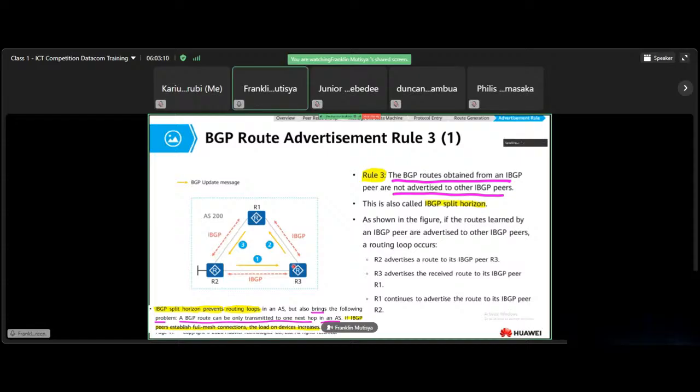It prevents loops. It's a way of preventing routing loops. So once you receive an IBGP route, we don't send it out in the same autonomous system. If we were to send out the same in the same autonomous system, that will bring a routing loop.